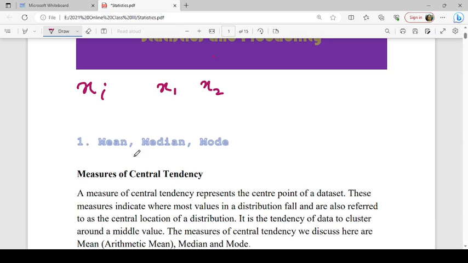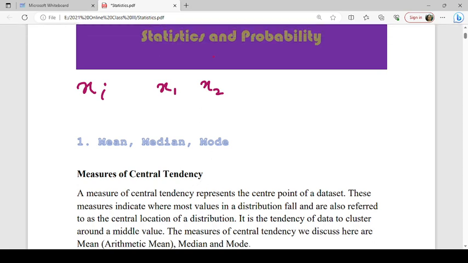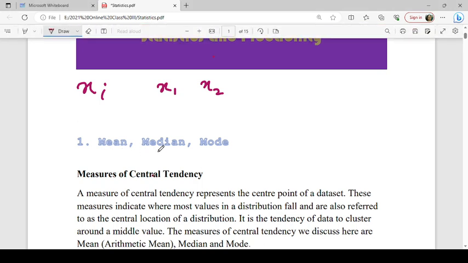And for this collection we have to find some measures. We call these measures of central tendency, and these measures of central tendency are mean, median and mode.